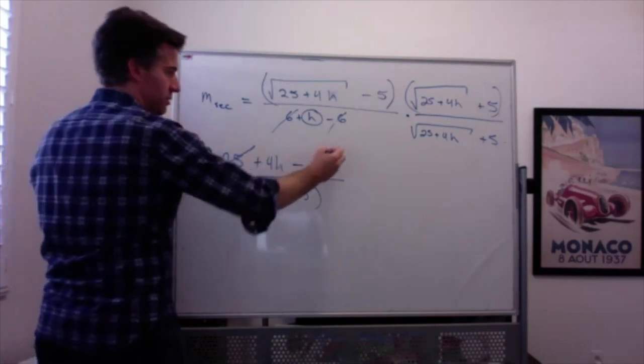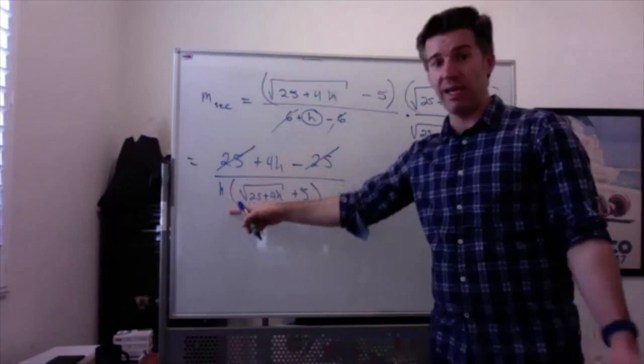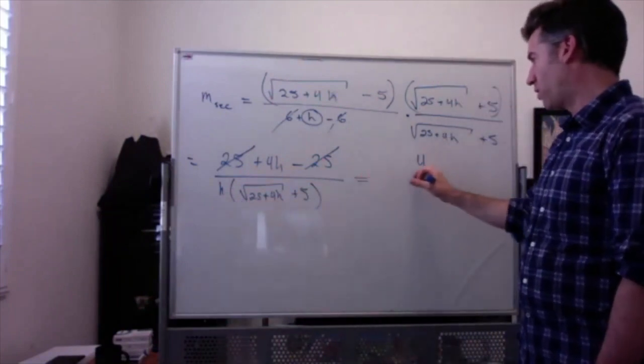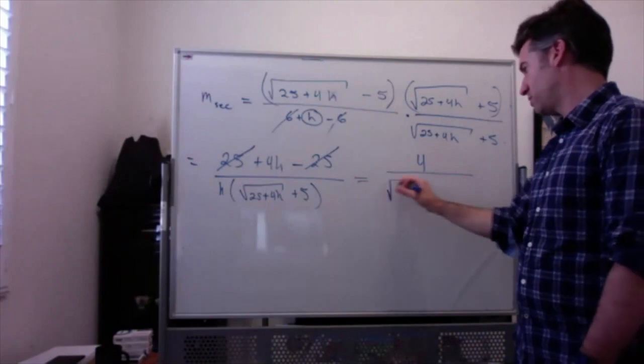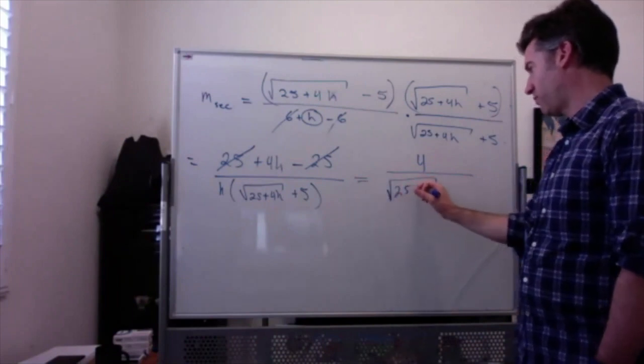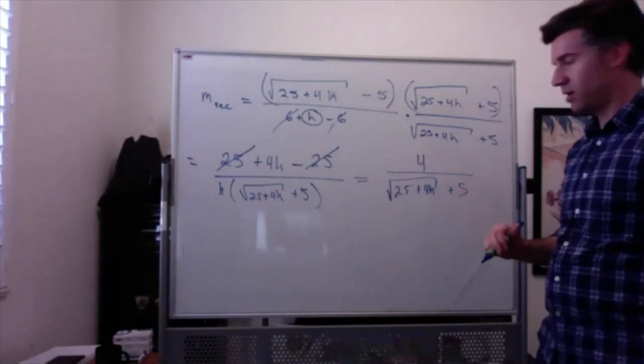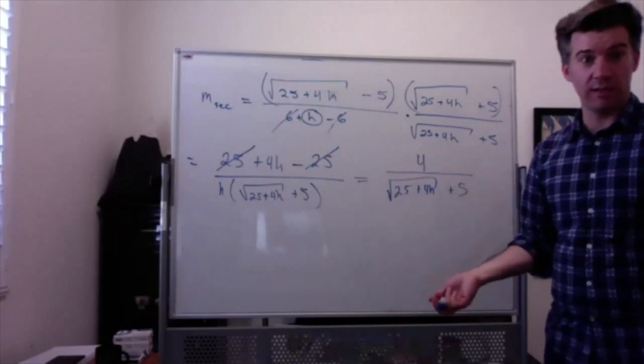These cancel. And then you can say that 4h divided by h, the h's cancel. So we're left with 4 over the square root of 25 plus 4h plus 5. And so that's the slope of the secant line.